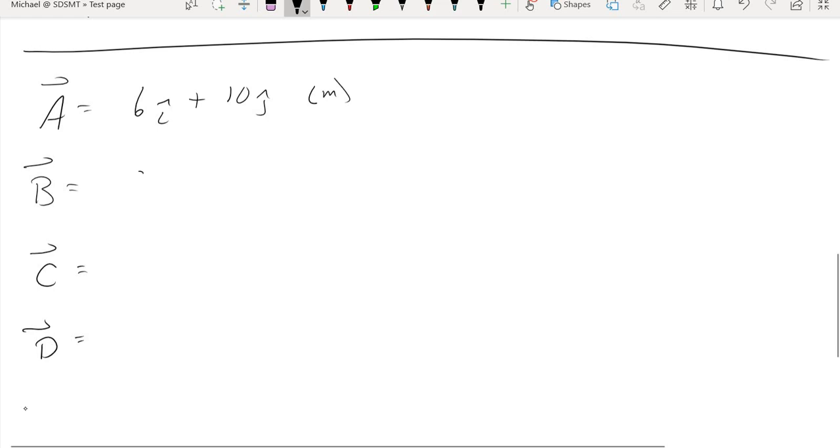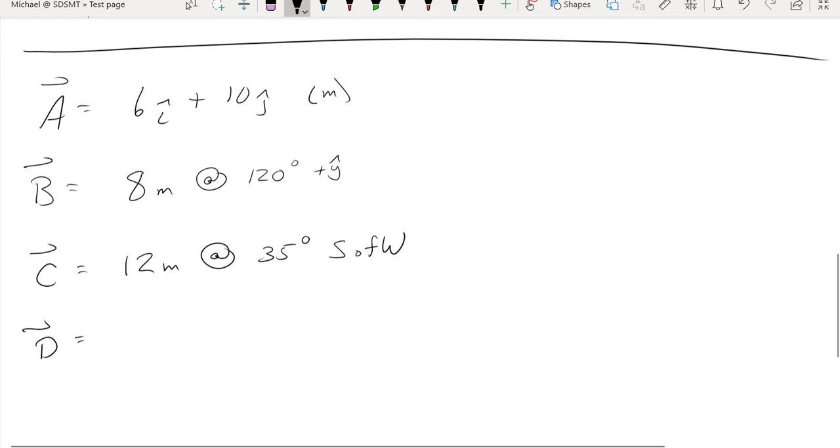Vector B, I will describe using magnitude and direction. So vector B is 8 meters long, as measured 120 degrees from the positive y-axis. Vector C will also be in magnitude and direction, except that the direction that I'm going to use is a compass direction.